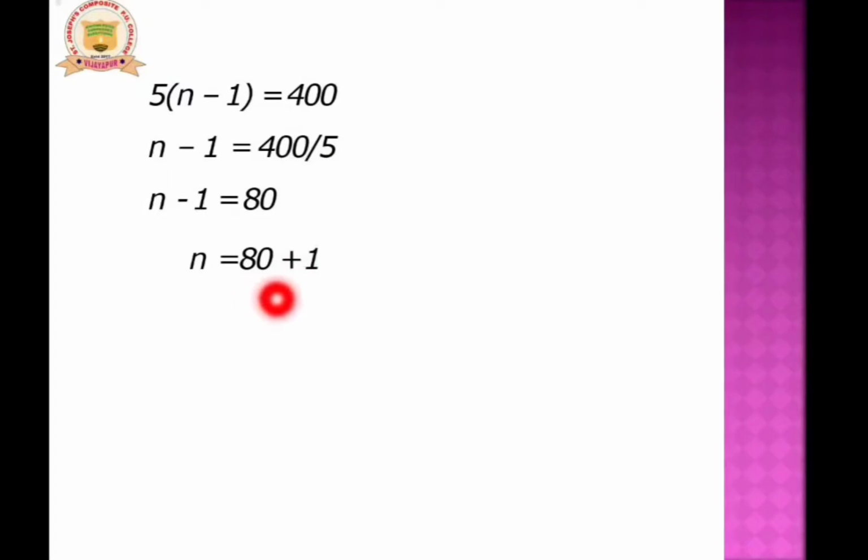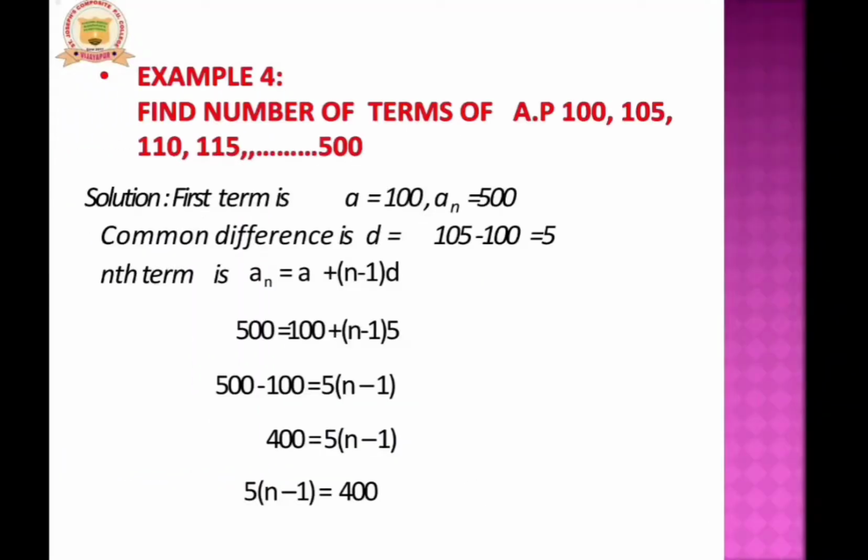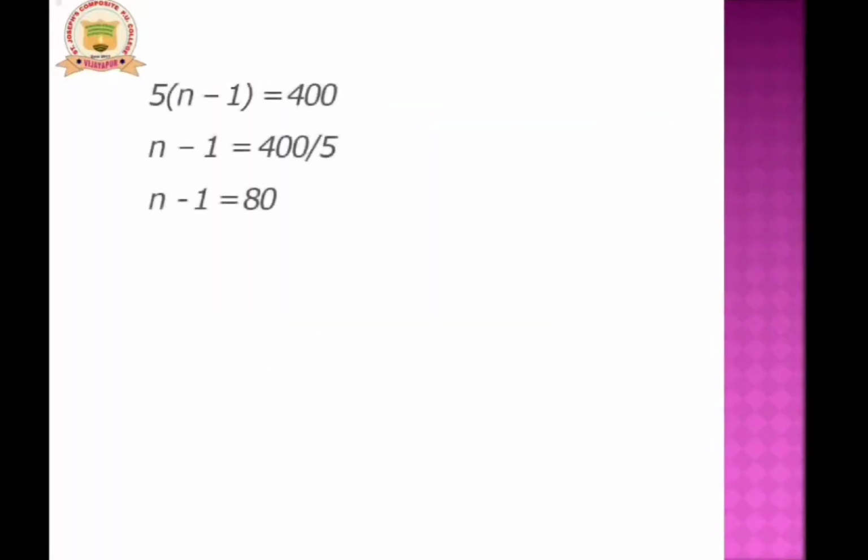So n is equal to 80 plus 1, it becomes n is equal to 81, which is the required answer. So the number of terms of this progression, that is AP, is n is equal to 81.